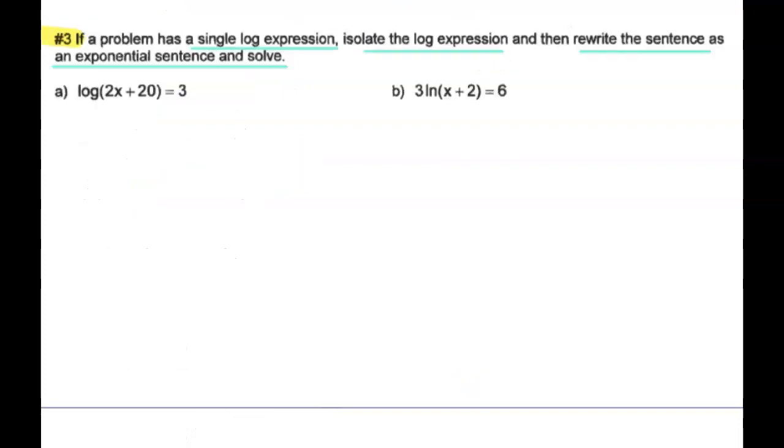All right. Number 3. This is an important property that you're supposed to know that didn't go that well on the quiz yesterday. So I'm going to write this down and then I'm going to erase it here. But do you remember this idea? The base to the power is the number.